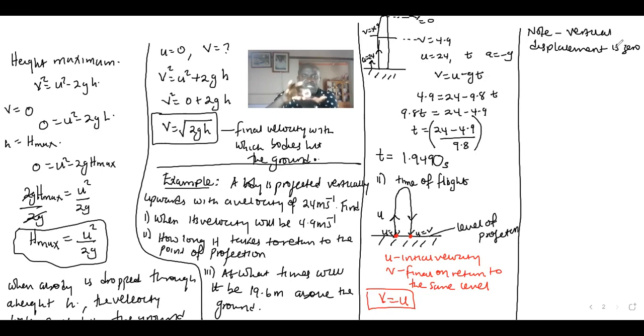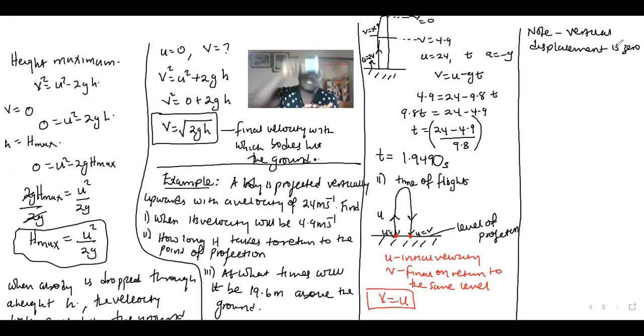We are going to project it to go upwards and then come back, okay? You who are watching right now, if I throw it up and it comes back, you are in position to confirm that the body left and it came back. A person who will find it just lying here will think the particle never left. You know why? Because he will be seeing it at the same position. That is why we are saying its particle displacement is 0.